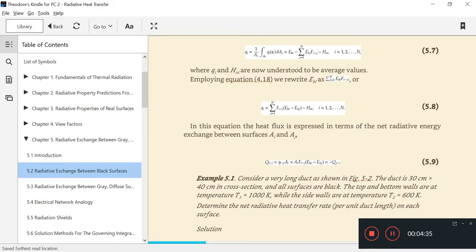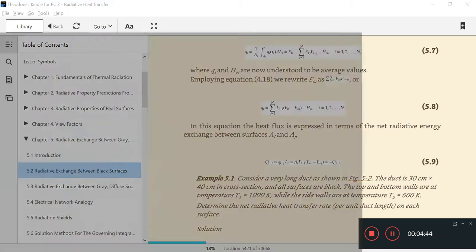So remember, I was talking about breaking the problem up into many smaller surfaces.